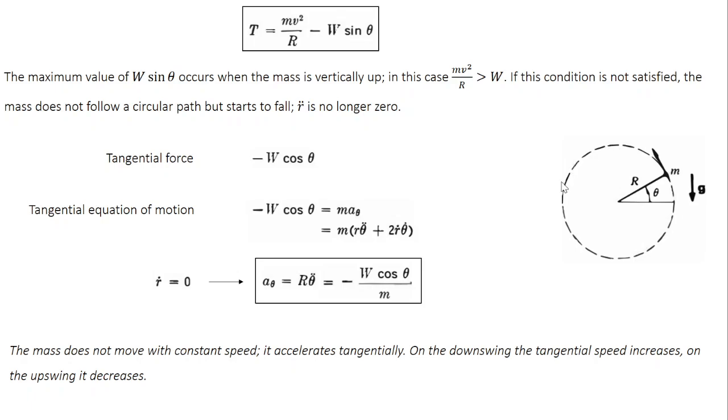Once again, on the downswing at 180 degrees, cos θ equal to minus 1. So if you follow the signs, you will find that on the downswing, the tangential speed increases. On the other hand, during the upswing, the speed is going to decrease. So that's the case of rotational motion, which has both tangential and radial components.